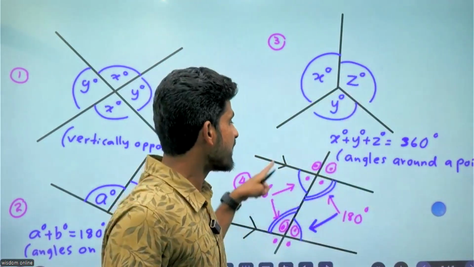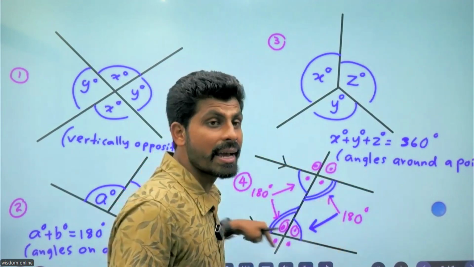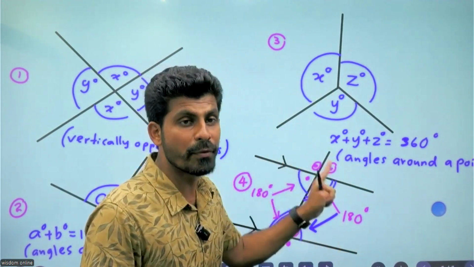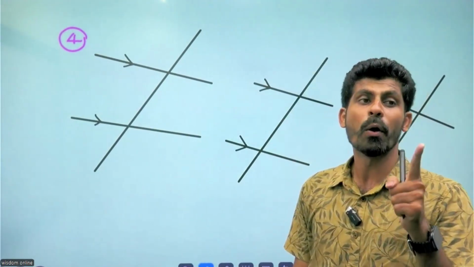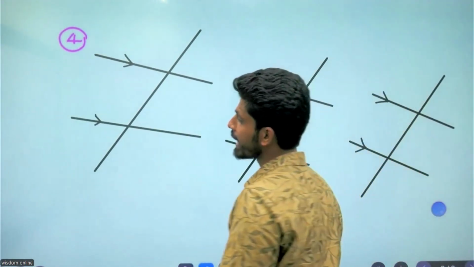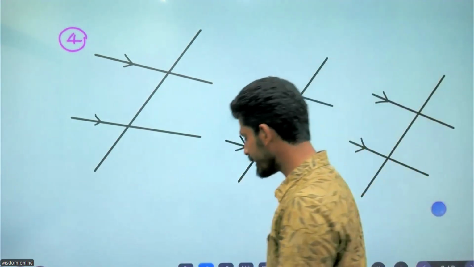Before moving to the next one, let's quickly recap. What are the angles in theorem number 4? Look at the first one: alternate angles. Alternate angles mean Z angles, so Z angles are equal.